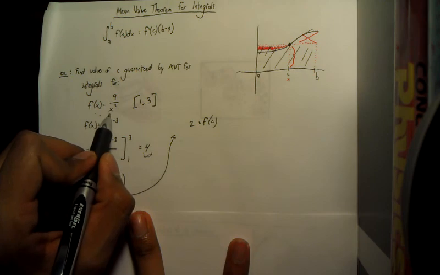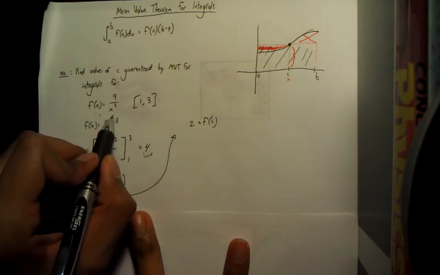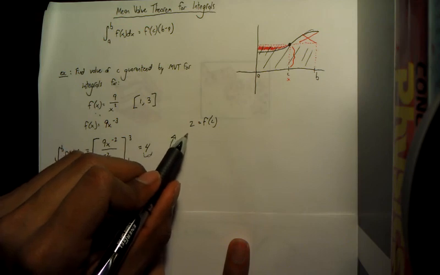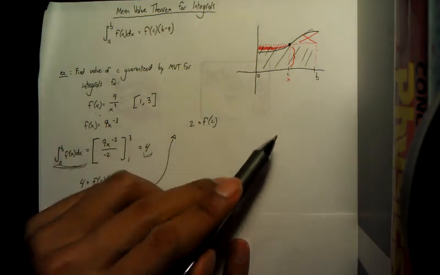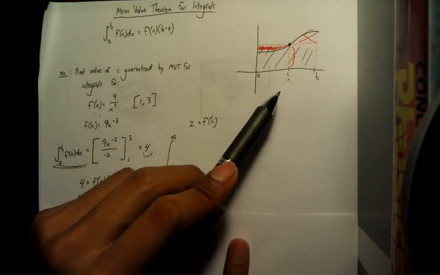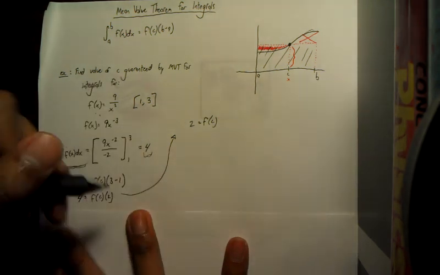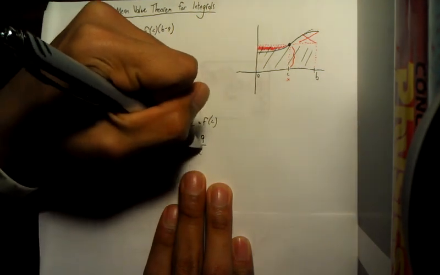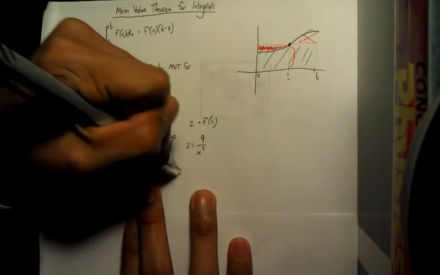And so with some x value, we will get 2. And the x value that equals 2 is our mean value theorem point. So 2 equals 9 over x to the third.